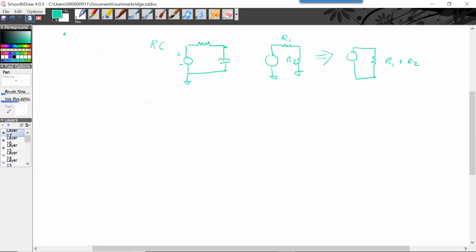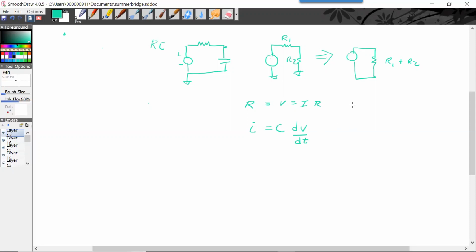Well, now capacitors are a little bit of a different beast, where for resistance, we have V equals the current times the resistance, but the current voltage relationship for capacitors is the current through a capacitor is the capacitance value, the value you read off of the capacitor, times the derivative of voltage with respect to time.